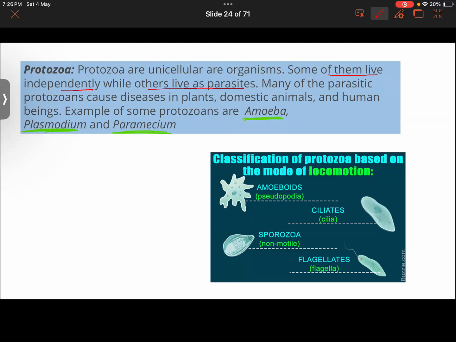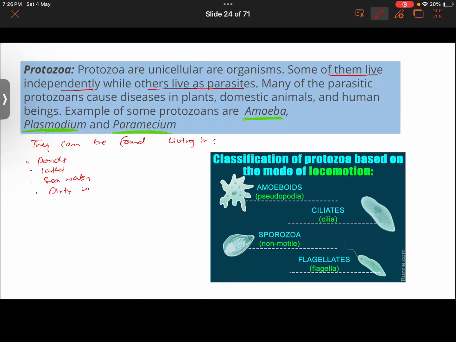Okay, now where do you find them? Where can you find them? They can be found living in dirty water, damp soil, ponds, lakes, even in seawater.